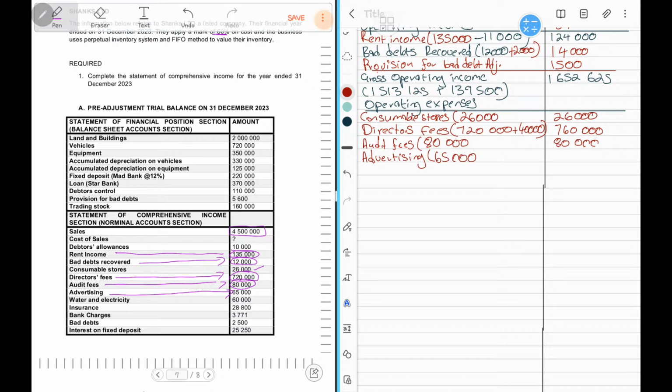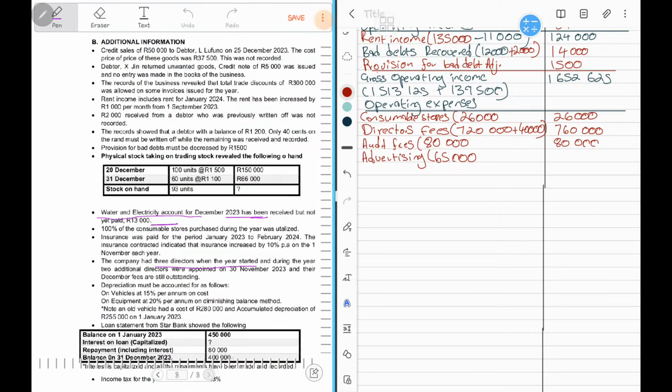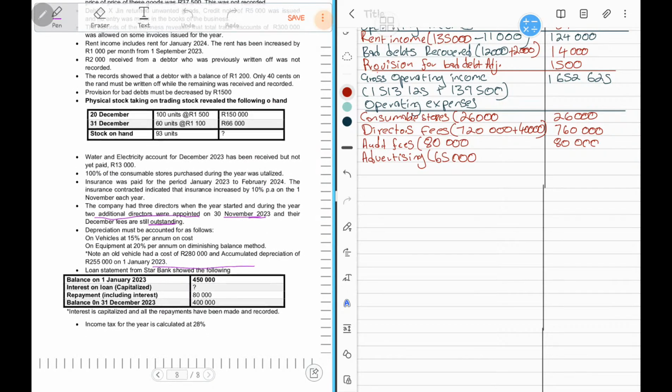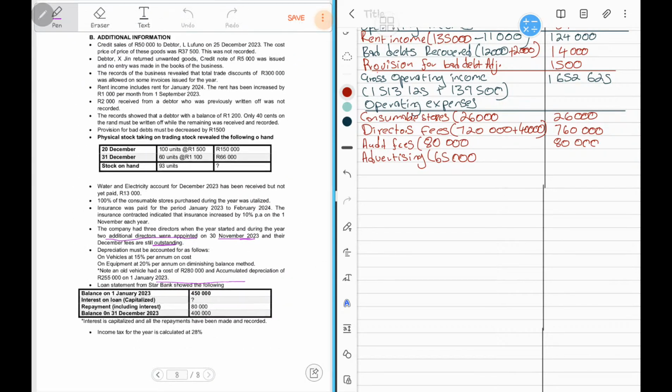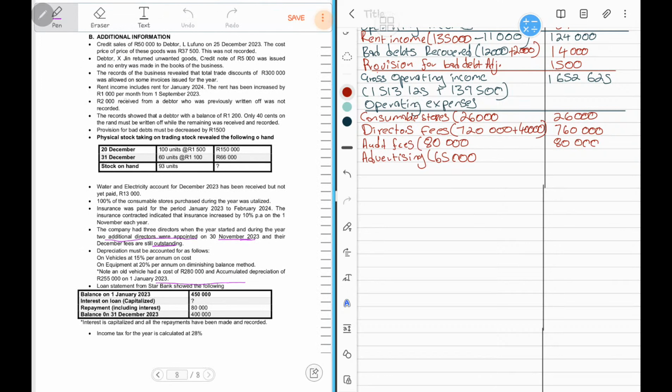Then the third step will be for us to check if there is any adjustment. So we're going to check if there is any adjustment that affects advertising. Do we have such adjustment? Let's see. We don't have the adjustment, so we're going to take it raw as it is. So we're going to say advertising 65,000.